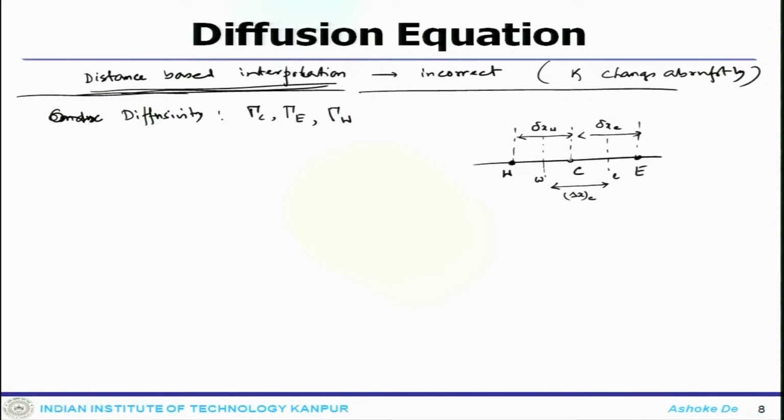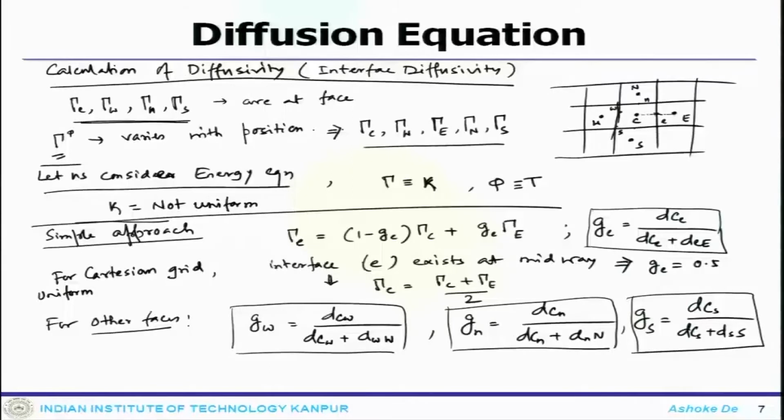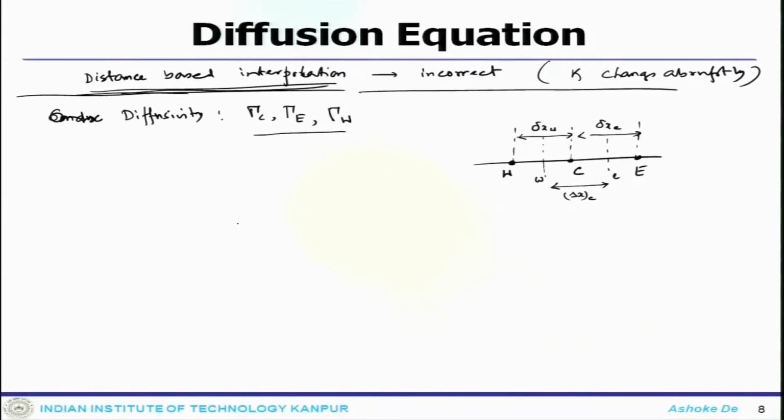Now, in this one dimensional analysis, we are assuming there is a non-homogeneity of the diffusivity. If there is, one approach, as we discussed, is this kind of arithmetic interpolation, but it may lead to some problem when there are sudden or abrupt changes of diffusivity.